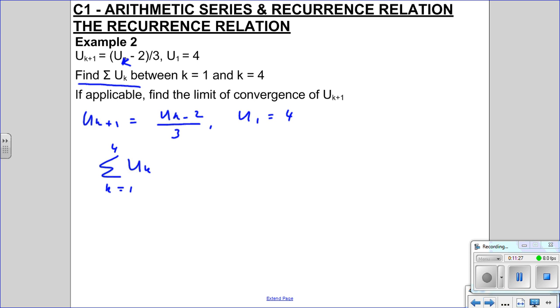Now what does this sigma mean here? So to the side, this is sigma, which is Greek for sum. So it means find the sum as k varies from 1 to 4. And this is what's called the countable sum.